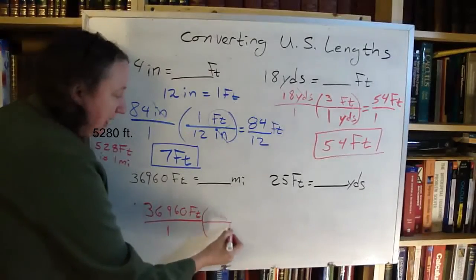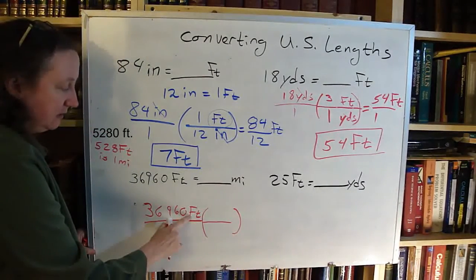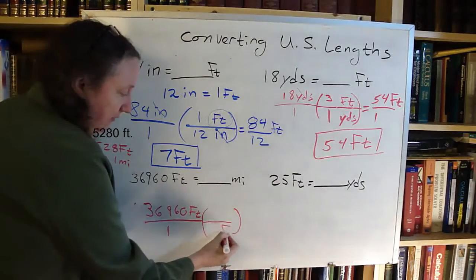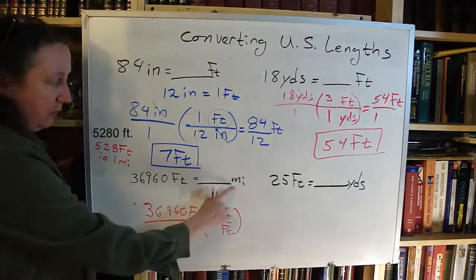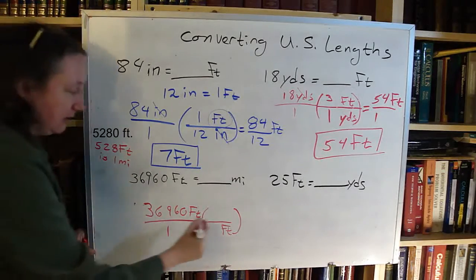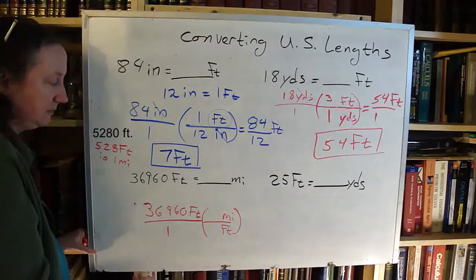Open my conversion factor. I want to get rid of feet, since it's on the top. To get rid of it, I put it on the bottom. I want to go to miles. I have the conversion factor that will take me there. So I put miles on the top.